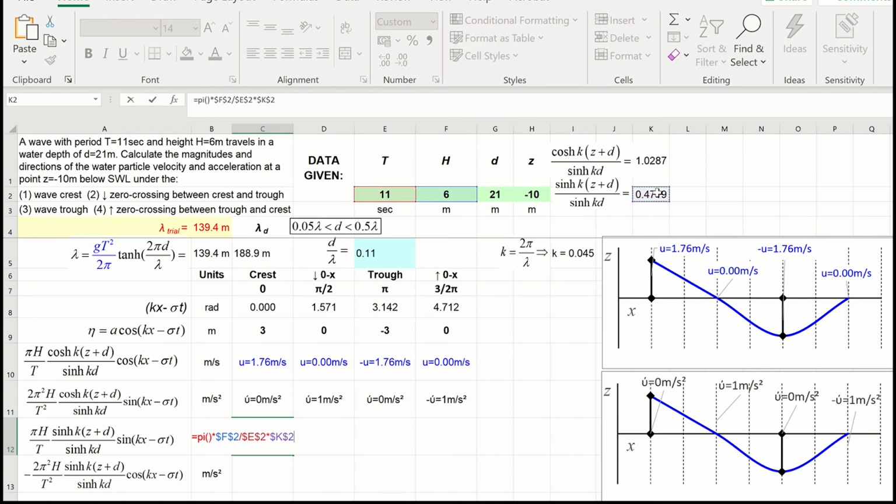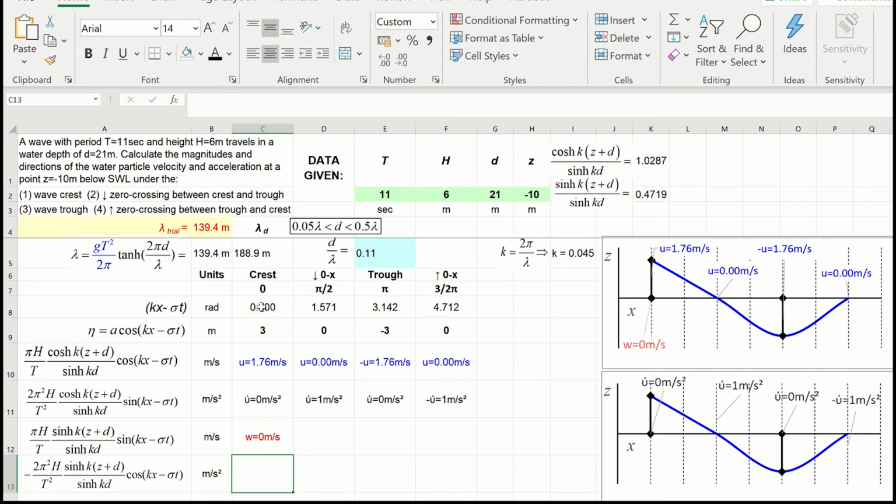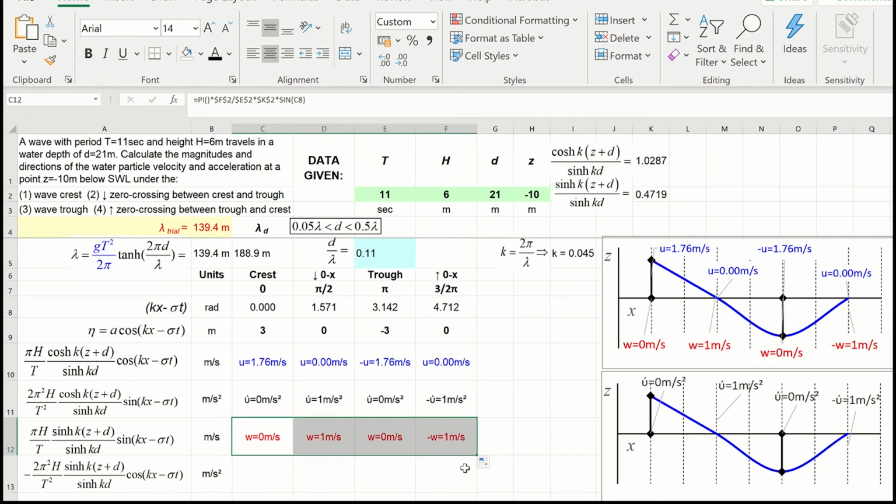Press F4 and multiply by sine, and in brackets we have our kx minus sigma t, and close the bracket. I already fixed all the values, so I can press enter, and now I can drag the formula. And these are my values. And again, I also show my values of vertical velocities on the plot.